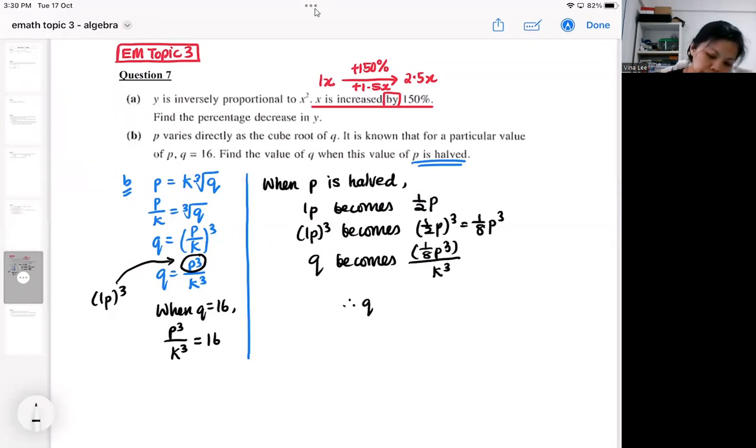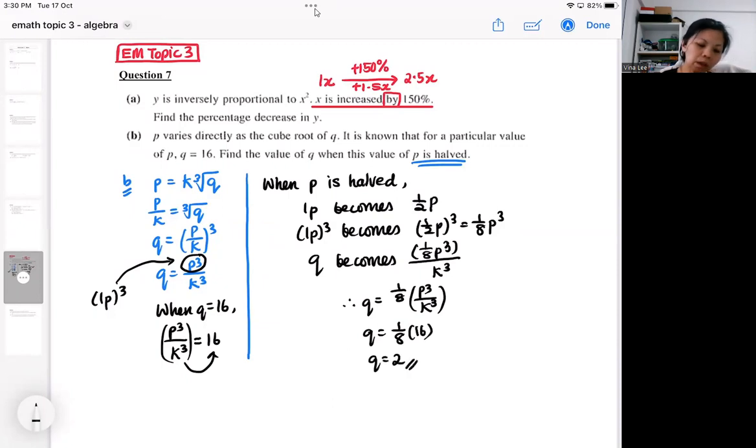If you explore the q, you look carefully, you will get a 1/8, and in fact you will get a p cubed over k cubed, and that whole fraction is equivalent to 16. So originally q started from 16, and now it has reduced to a value of 2. From a value of 16, it becomes a value of 2.